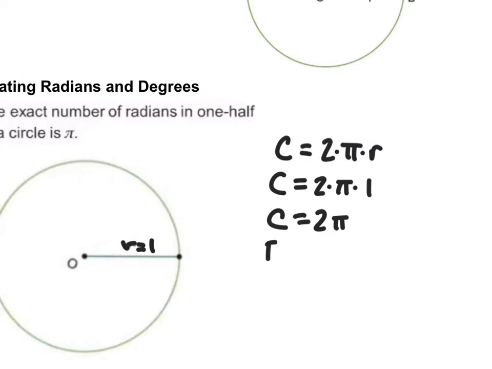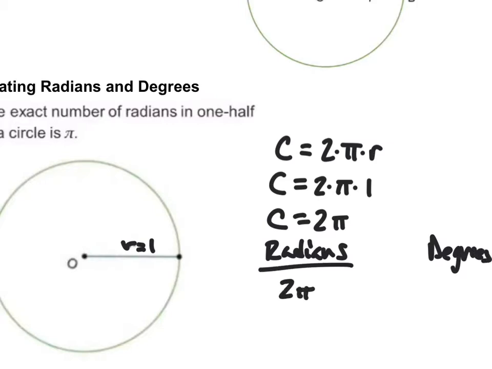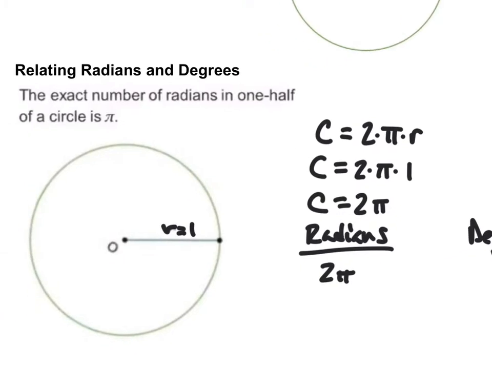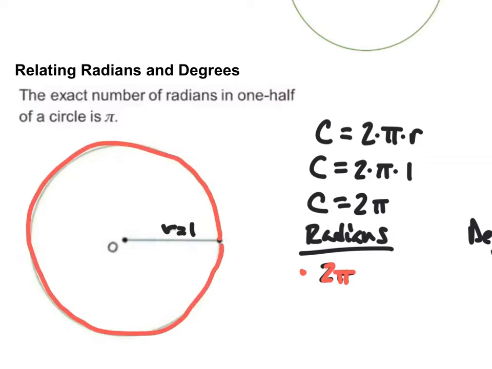So let's talk about radians, and then let's talk about degrees. If I have 2 pi radians, that is my distance around the circle. Let's color that in red: 2 pi radians is the entire length here.